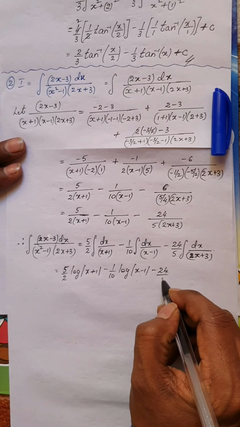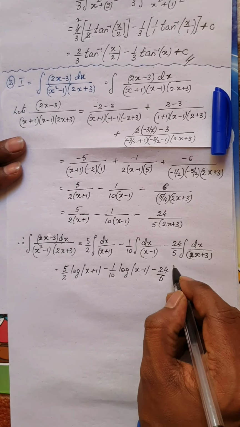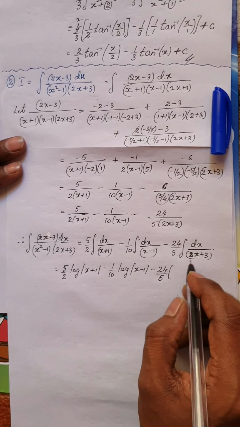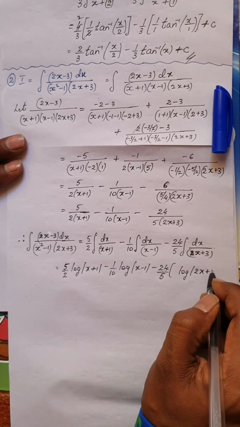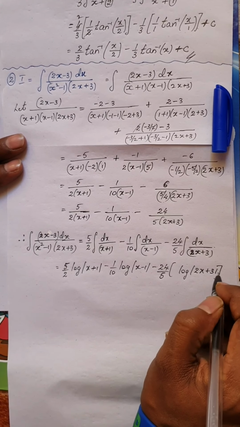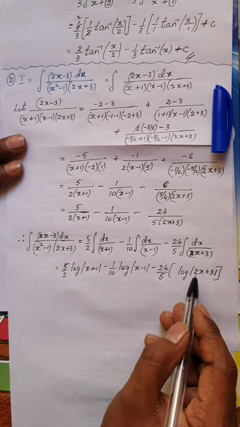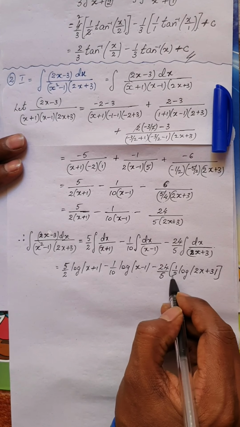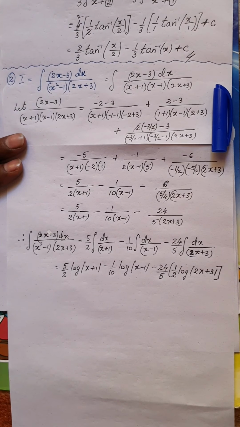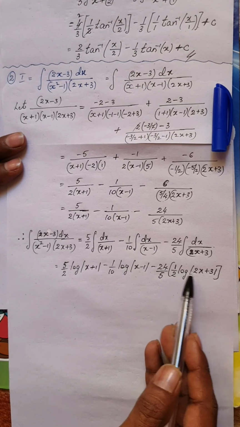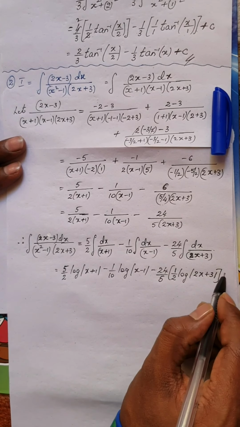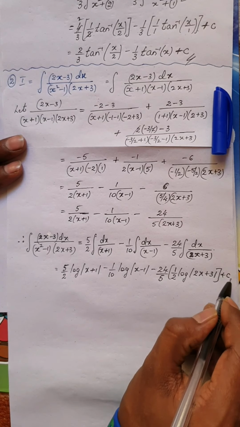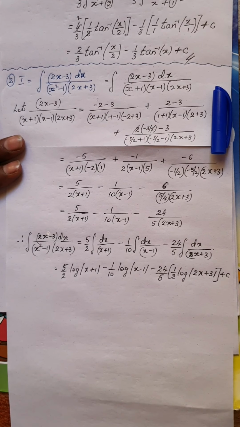It is 24 by 5 into, this is actually log of mod, remember, log of mod 2x plus 3. Okay, because x is multiplied by a constant, I have to divide by it. Remember, in differentiation you multiply the constant, but in integrals you divide the constant. Okay, so this plus c, you can take this as the constant of integration.